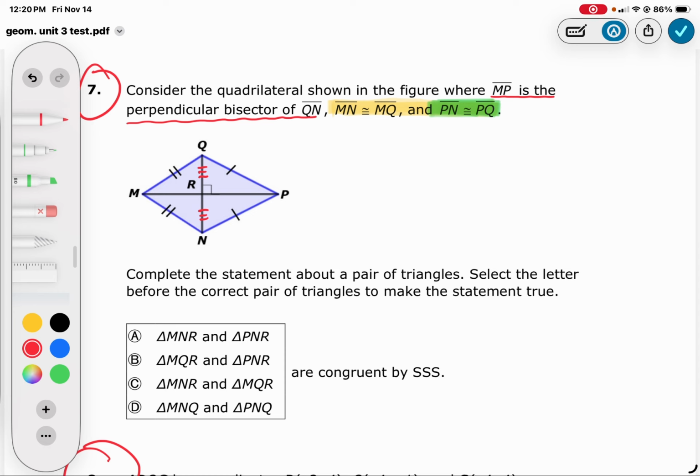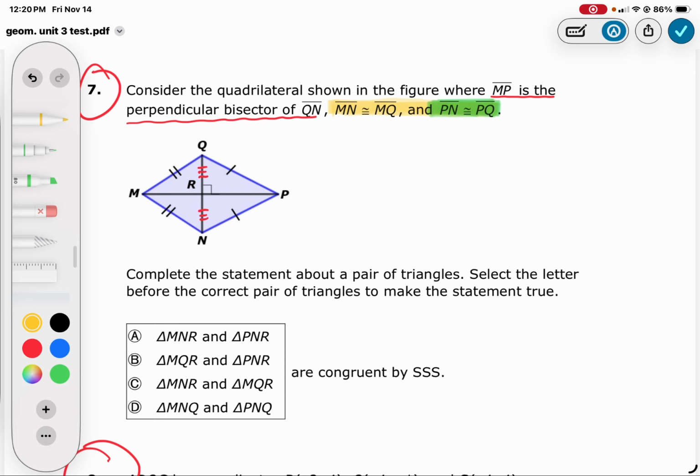Now that we've done that, we have to identify some other things with this. So for example, there's a thing called shared sides. Okay, now a shared side means that two polygons, two shapes, two figures share a line between them.